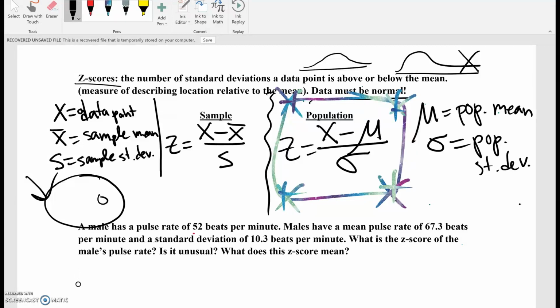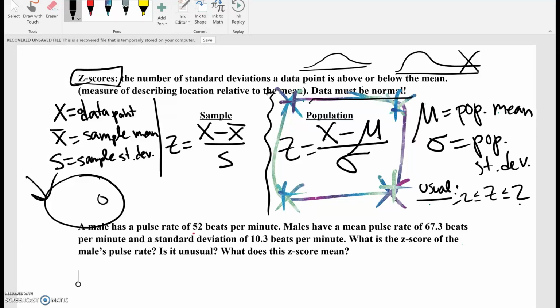Now, the reason why we talk about z-scores in terms of how far they are from the mean is that we can talk about things such as outliers or things that are unusual. When we talk about z-scores, we say that the usual values will always be between -2 and 2.